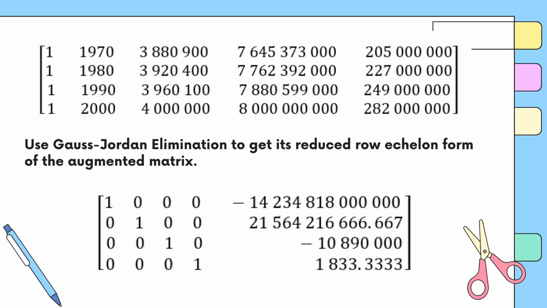Now, we use Gauss-Jordan elimination to get the reduced row echelon form of the augmented matrix. So, here's our reduced row echelon form.